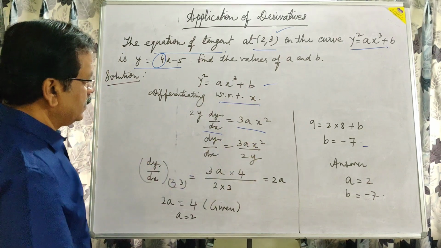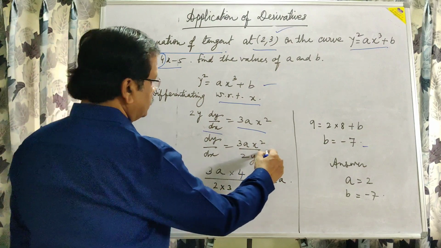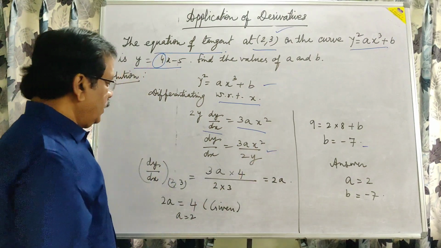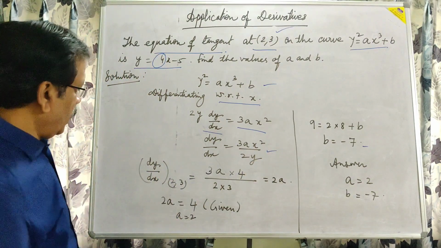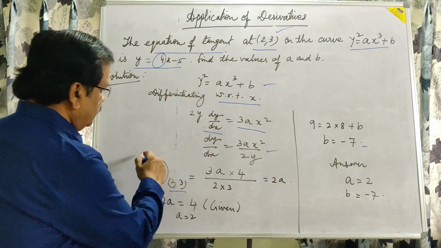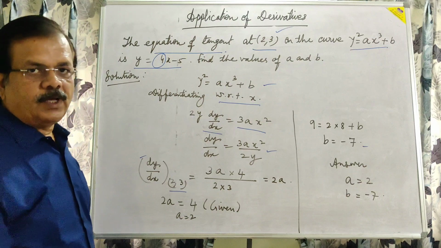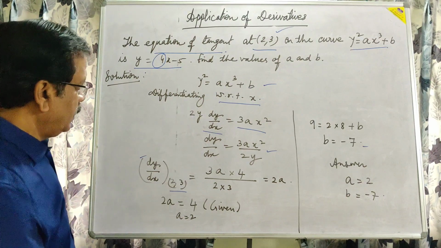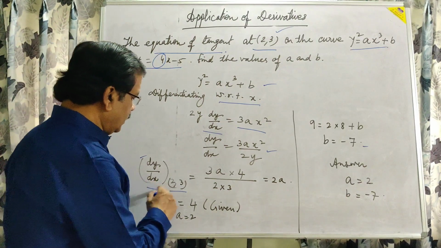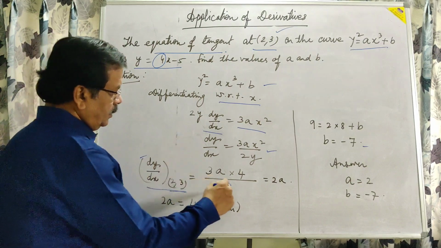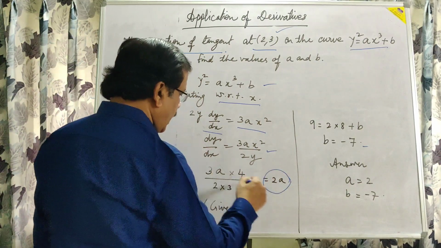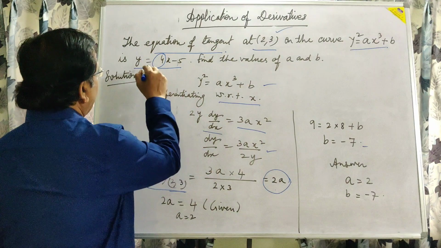Then dy by dx comes out as 3ax square upon 2y. Then at the point (2, 3), after substituting x as 2 and y as 3, we get dy by dx at the point (2, 3) is 2a.